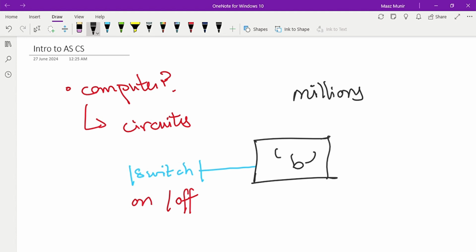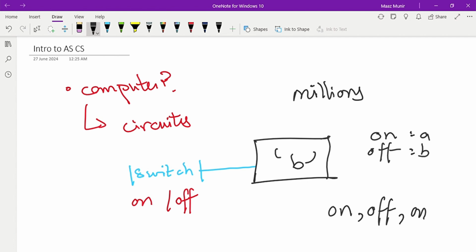Now if I write a set of instructions such as on followed by off followed by on, when we feed on into the switch, what is going to happen? We said that with an on, A should be printed, and with an off, B should be printed, right? We programmed the main hardware in a manner. It's not necessary that on or off means only on or off, but it could be used for some other operations too, right?